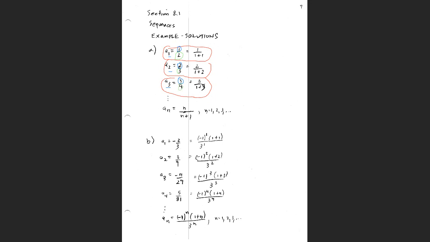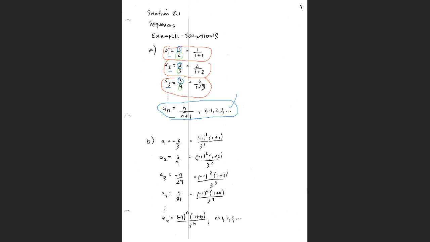Okay, so the general term of the sequence, the nth term, is going to be n over n plus 1, where n goes 1, 2, 3, and so forth.